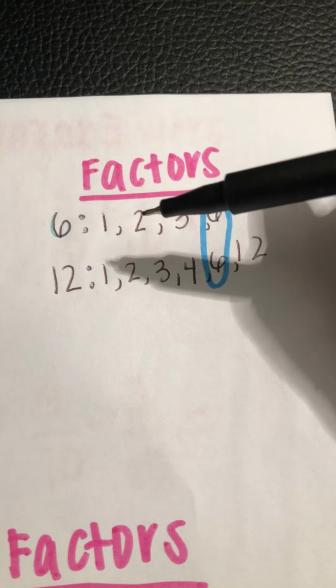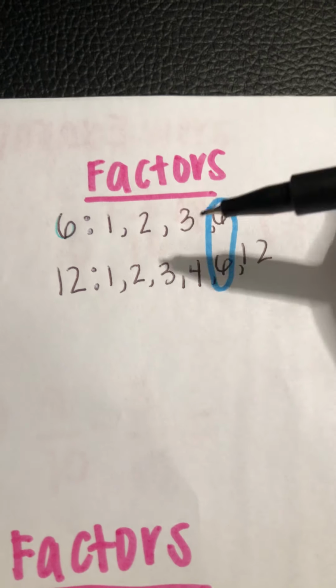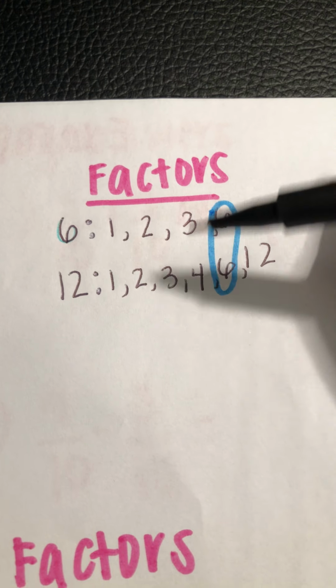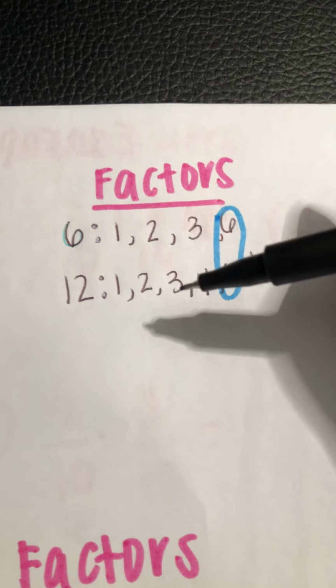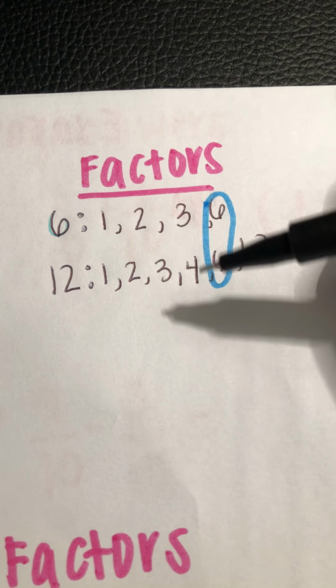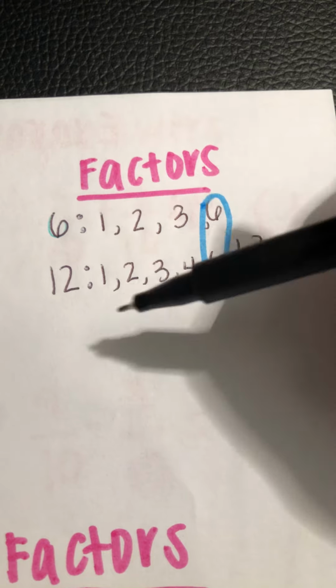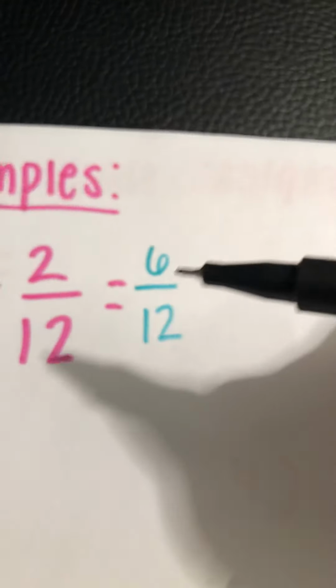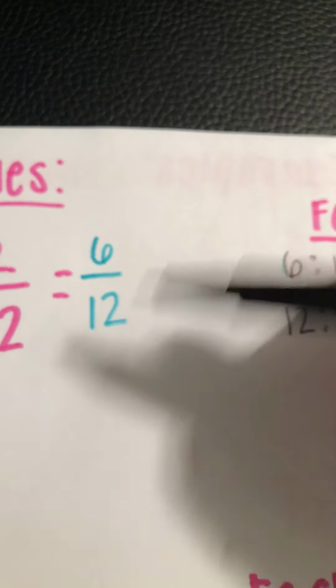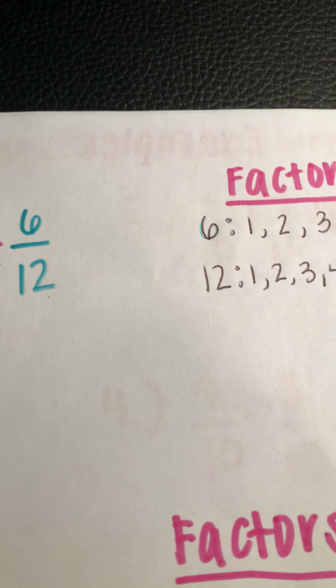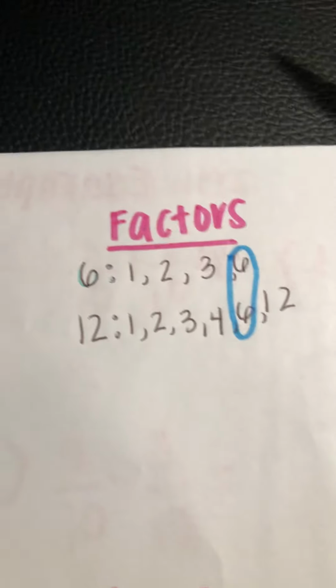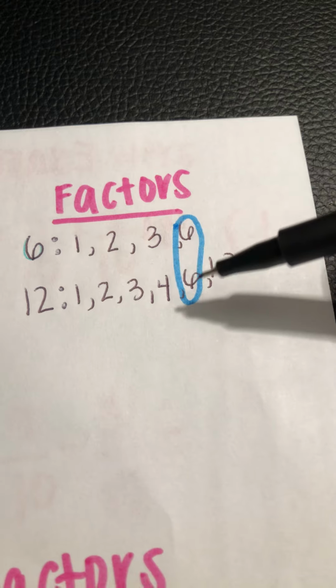Now I see that they have 2 and 3 in common. You're going to have some numbers that are in common, but it's important to look for the greatest number they have in common, because if we were just to pick 2, it would not give me my simplest form. I would have to simplify again. You want it to its simplest form. So that's why you want to look at the greatest common factor.